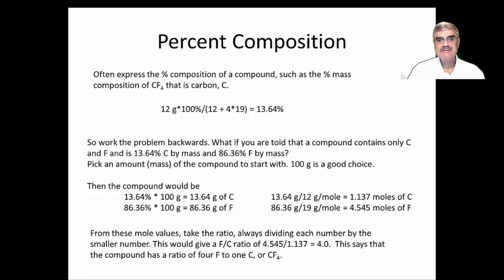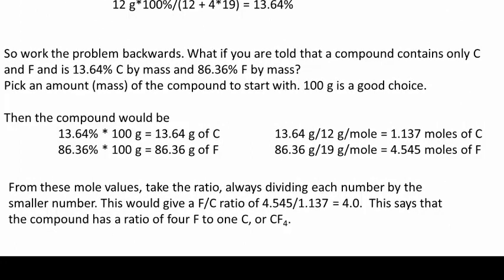Well, what if somebody does tell us the mass percentage of 2 different elements like carbon and fluorine that they have in a sample, and then we want to convert that to a molecular formula? How do we proceed? And of course, this is the way that you will most often have to do the problem.